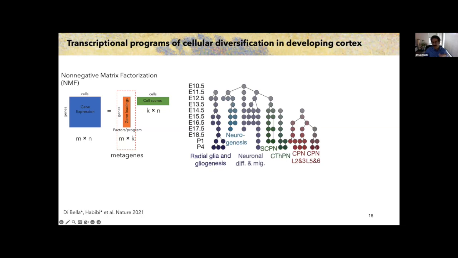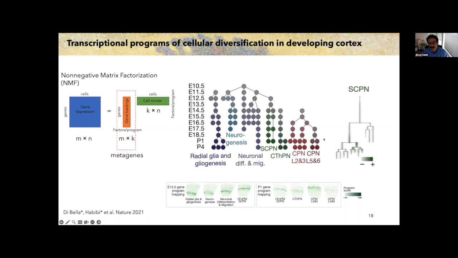You can also see different types of neurons coming up with specific programs. We can also map these programs, based on program scores, which are not one gene but a set of co-expressed genes, back into Slide-seq data. And we can see nicely this is aligned with what we expect. Each cell type is expressing those programs in the spatial data.